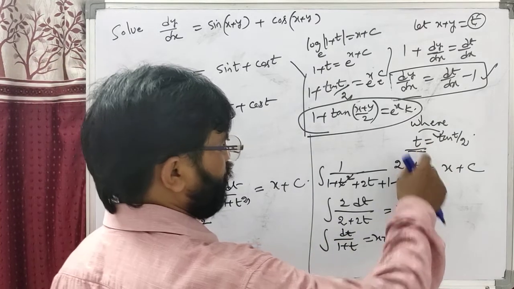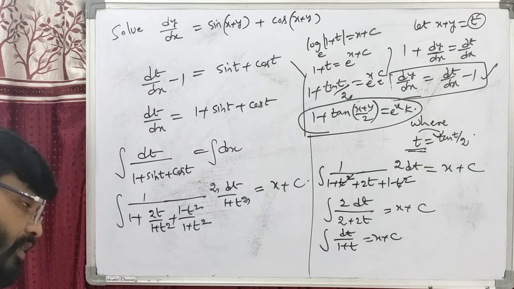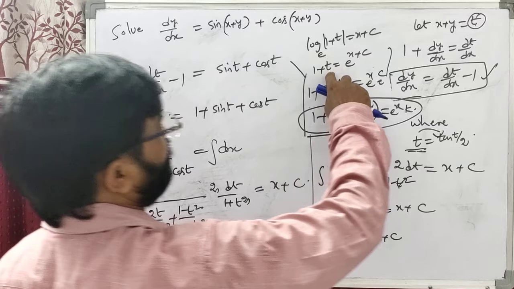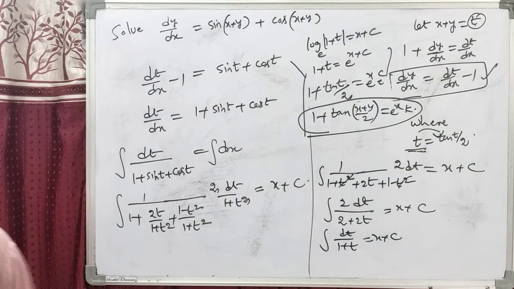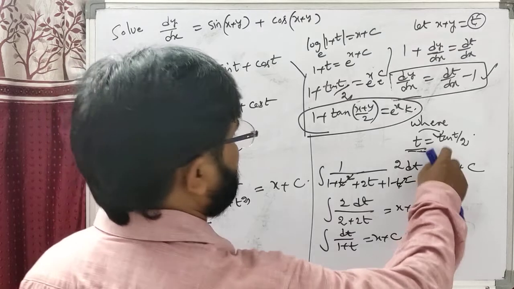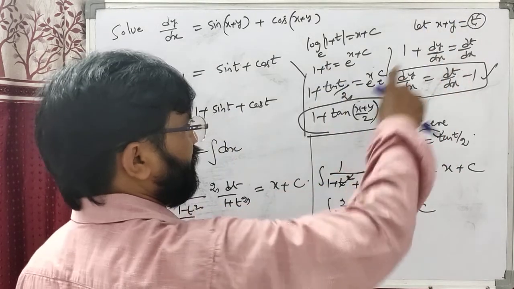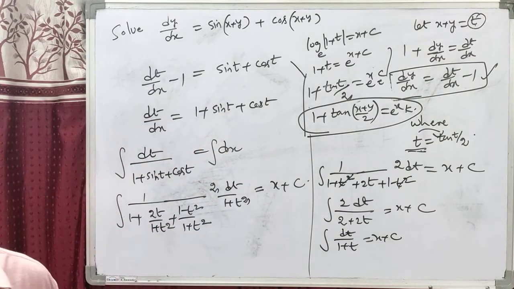When you take u, undoubtedly it will be easy for us. But I took both of them as t, so I directly substituted t as x plus y and got the wrong answer. Here t is tan of x by 2, and finally t is x plus y. First we take x plus y equal to u, then there is no problem.